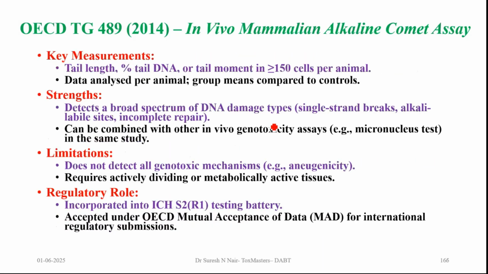These are in brief about this particular test guideline, because in the DABT exams there will be questions regarding the guidelines also. That is why I have included these guidelines in carcinogens, because they are significant in the case of carcinogenicity. Apart from the 253 and 252 guidelines, these guidelines are also very important.